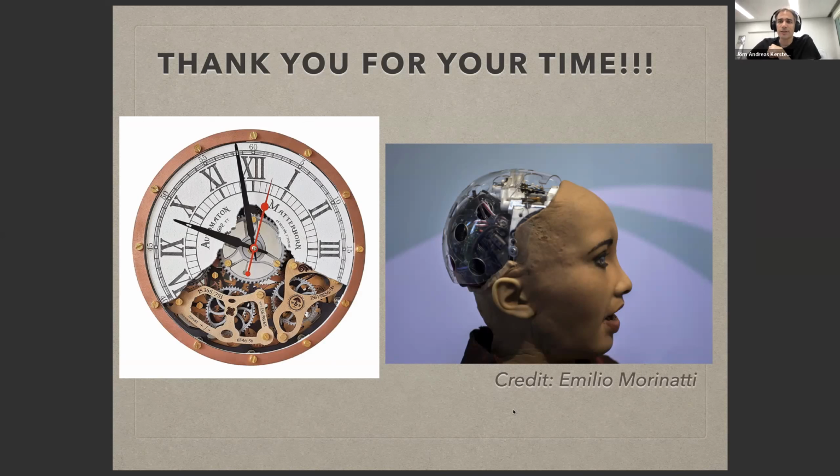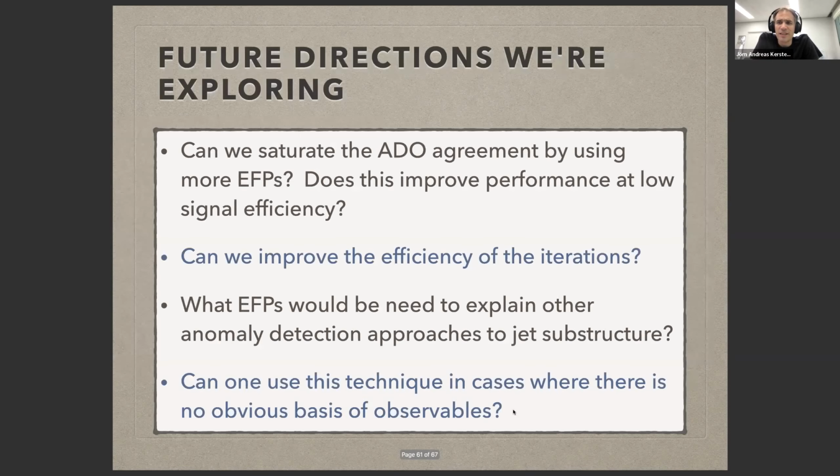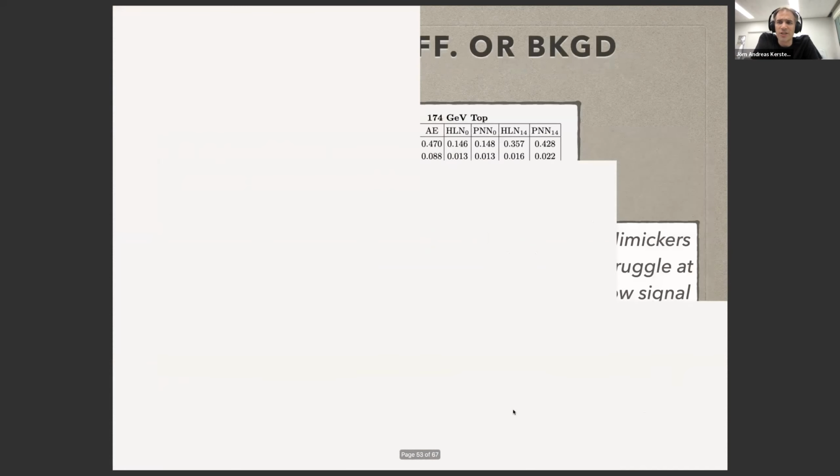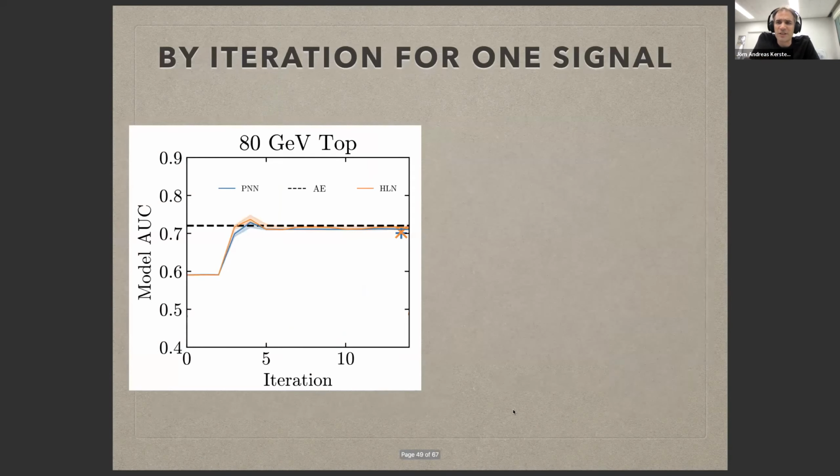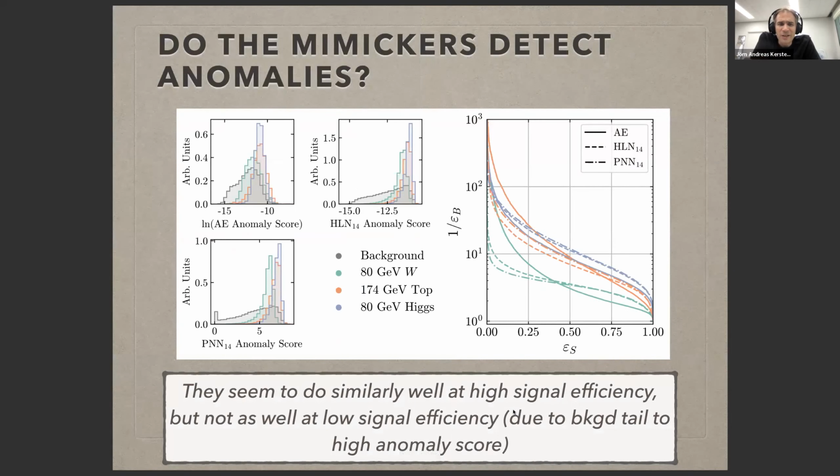Yeah, I've got one. I'm confused about these curves with the signal efficiency and background rejection and the AUC you consider. If I understand correctly, you generate these curves by taking your distributions of the anomaly score, putting a cut somewhere, and then sliding this cut and seeing.